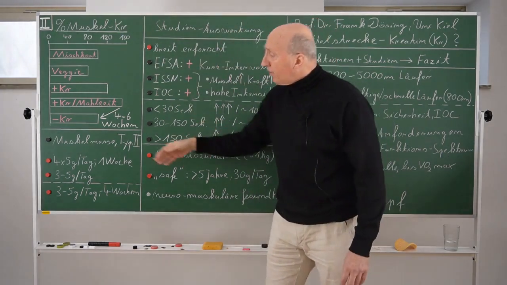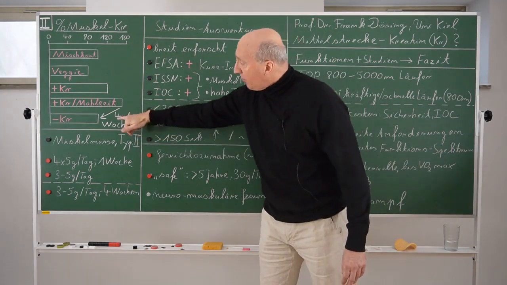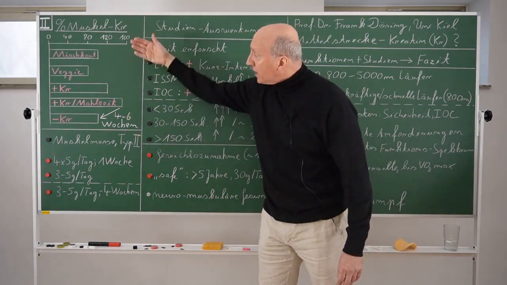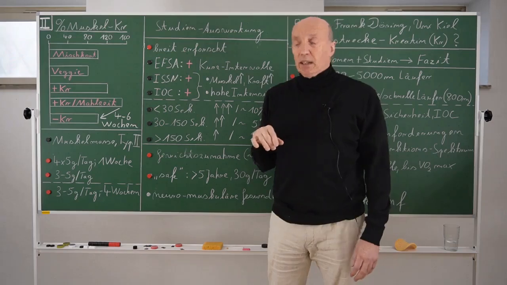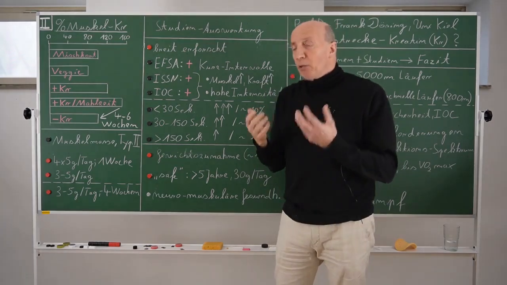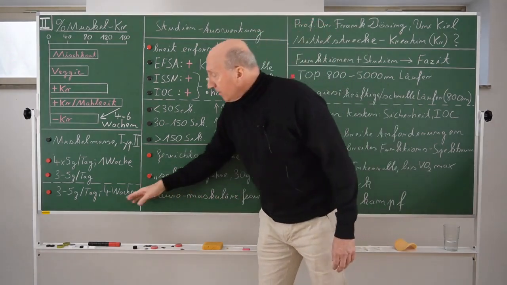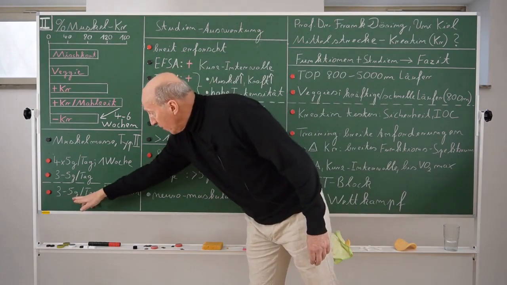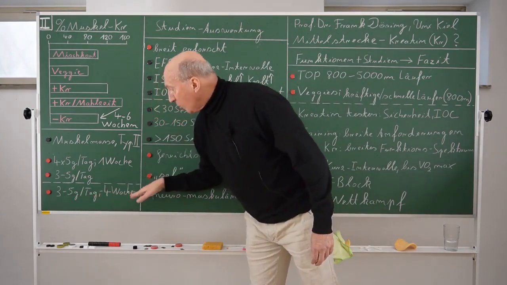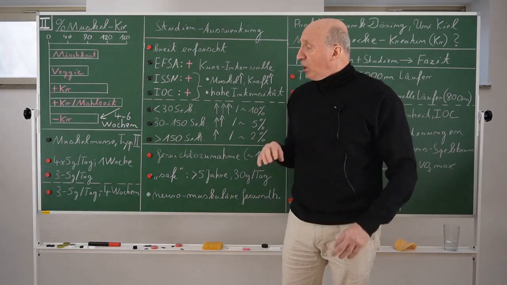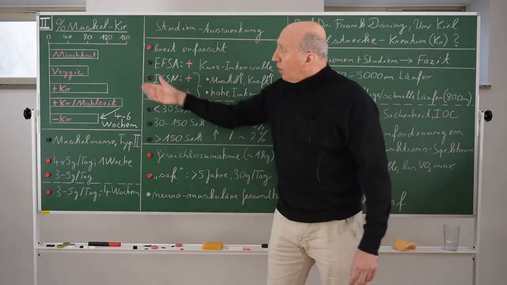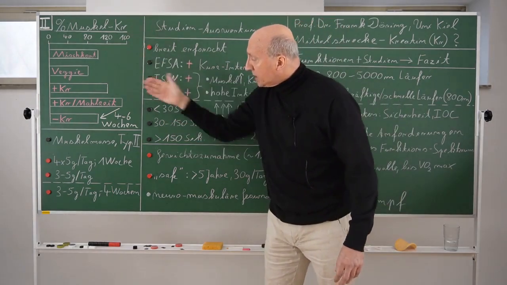And as I said, if you were to stop taking it again, then after 4 to 6 weeks, the initial value would be reached again. Another simpler protocol would be to simply take 3 to 5 grams of creatine a day for about 4 weeks. And within those 4 weeks, these concentrations would be reached.